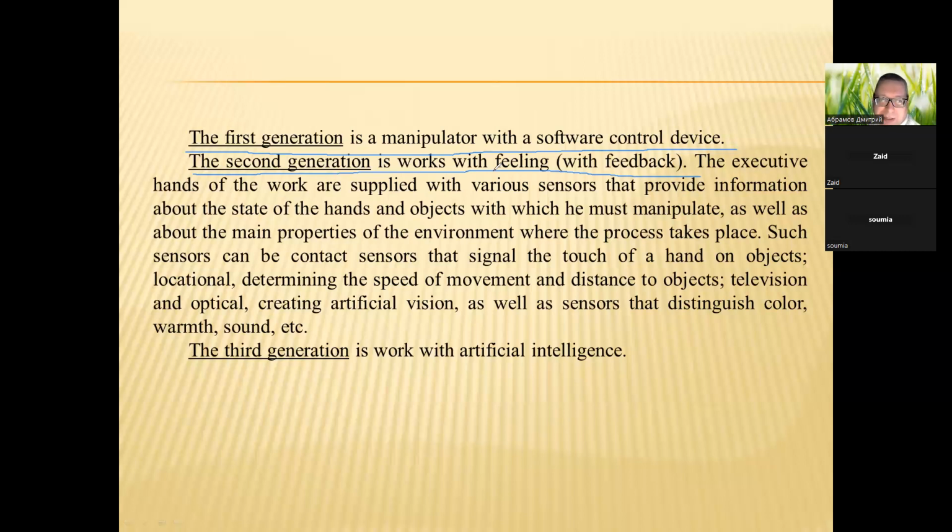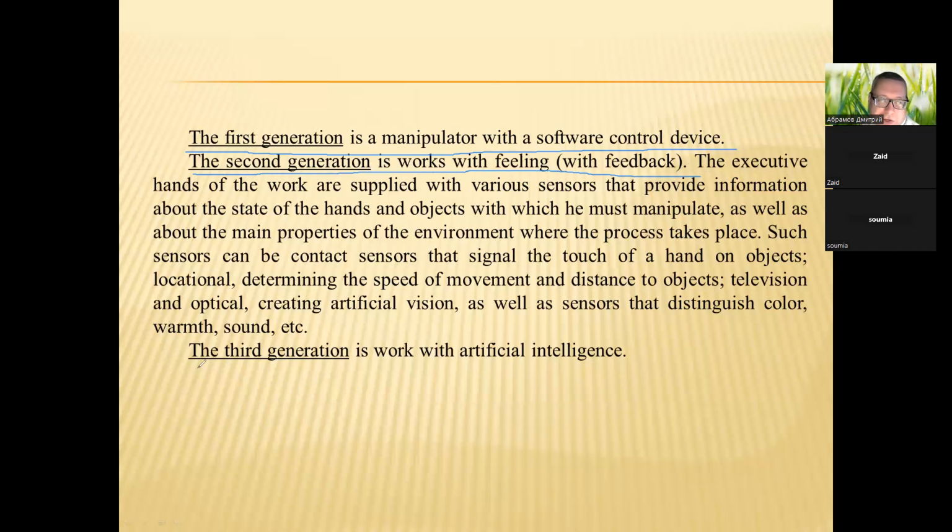Such sensors can be contact sensors that signal the touch of a hand on objects, locational, determining the speed of movement and distance to objects, television and optical, creating artificial vision, as well as sensors that distinguish color, warmth, sound, etc. It's all about second generation robots with feedback, with feeling.